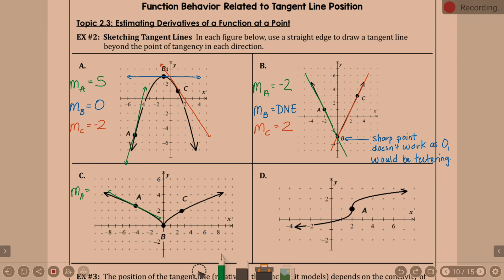Slope at A. Negative. I was getting ready to say disagree. I can agree with negative 1/2. Are you guys good with negative 1/2? Yeah. And again, no stress if it's slightly different. Obviously it has to be negative.